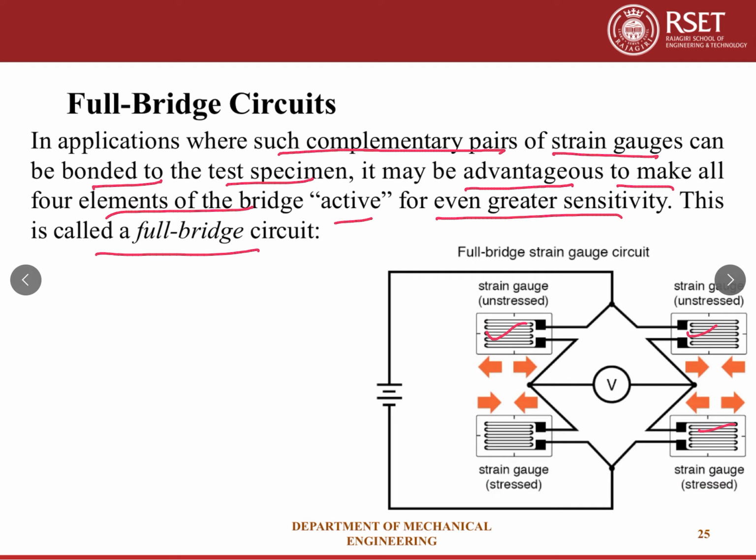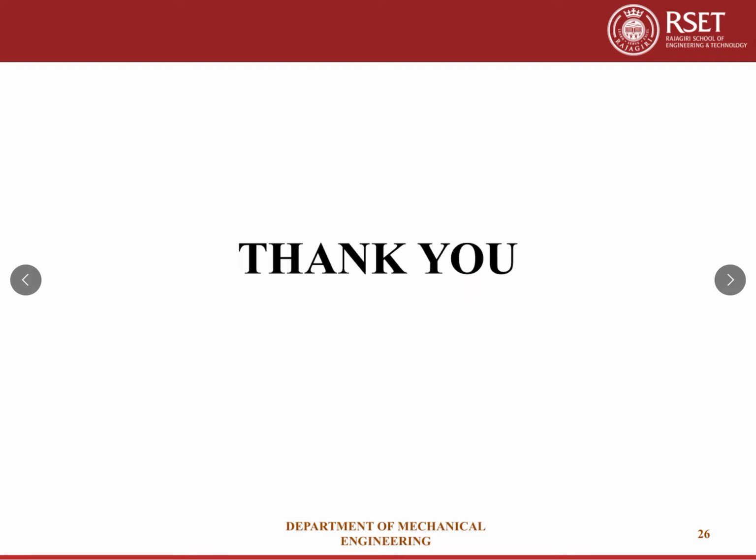So in this lecture, we have discussed strain measurement. We found that there are two types of strain gauge: one is the mechanical strain gauge and the other is the electrical strain gauge. The advantage of the mechanical strain gauge is amplification or magnification done mechanically, but it can only be used for static strain measurement.